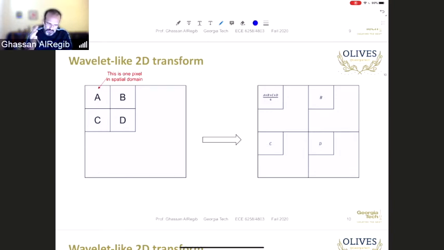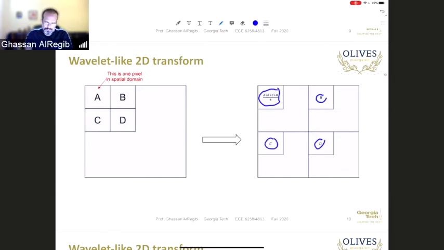Again, this is just a toy example. In my transform, I'm defining in this toy example, a toy transform if you like, my approximation is the average of these pixels, and then I keep the other pixel values as is.